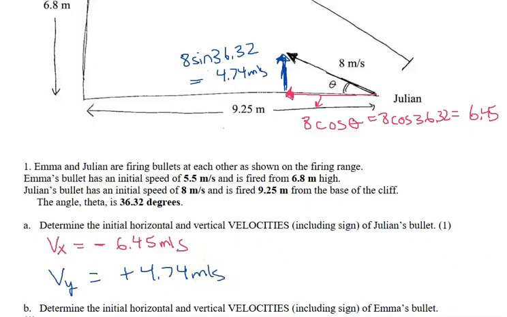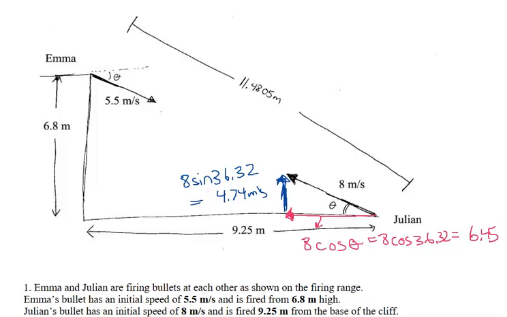All right, and then this is Emma. This is actually Miss Levinson's daughter. So Emma's t-shirt is headed over at 5.5 cosine of 36.32, which is 4.43 meters per second.